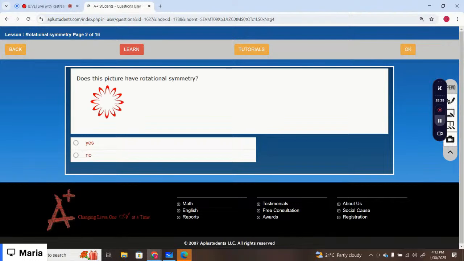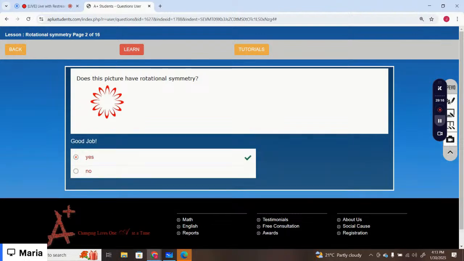The correct option is no. Yes, the one we are on right now has rotational symmetry. If you rotate or turn it half, the shape looks the same.